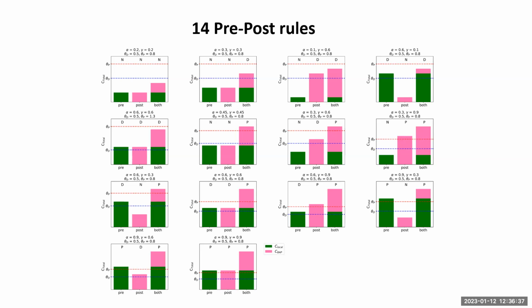So you can have nothing happens, depression happens, or potentiation happens. So it's 3 times 3 times 3. So in principle, there are 27 possible plasticity combinations, but the way that the calcium control hypothesis works, it constrains you to 14 of them.